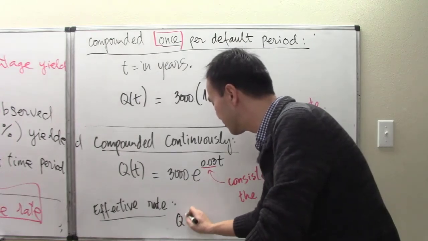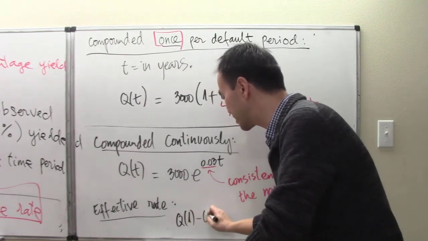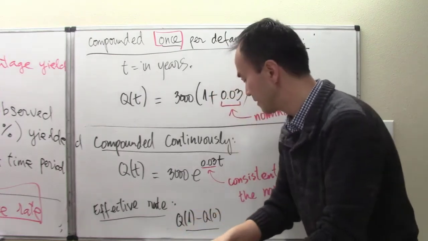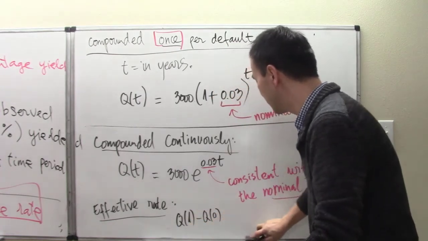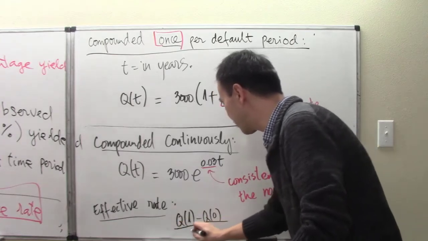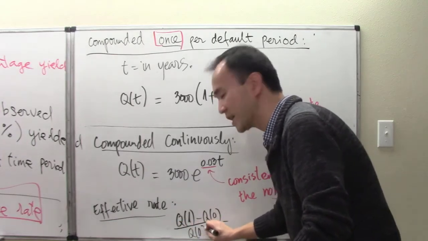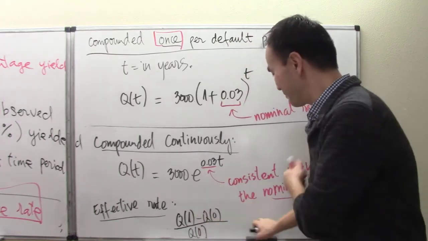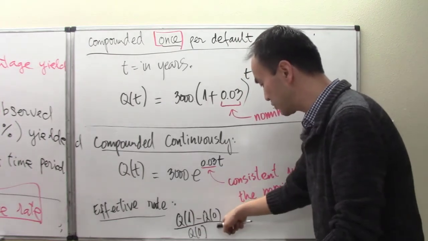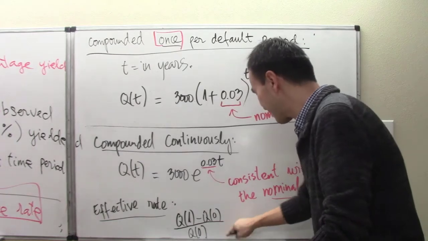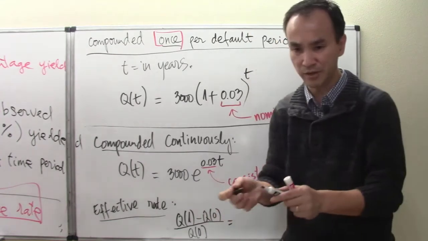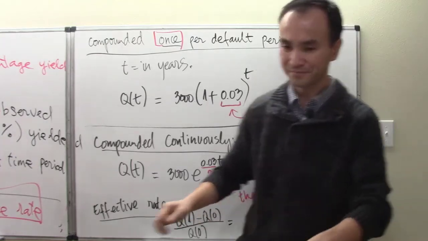We can go to simply Q1 minus Q0 and divide it by Q0. Eventually I will show a better way to calculate the effective rate rather than just sticking with this. But Q1 minus Q0 divided by Q0, the effective rate, we calculated this already. Let me once again bring it on screen.